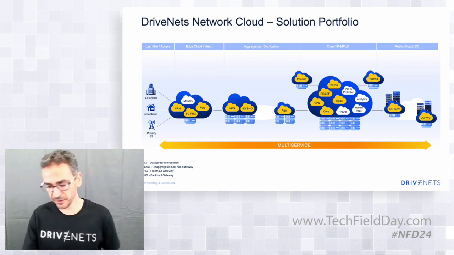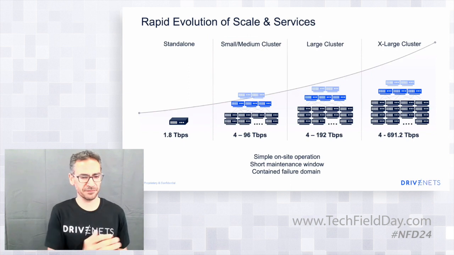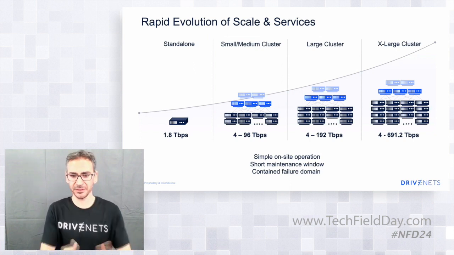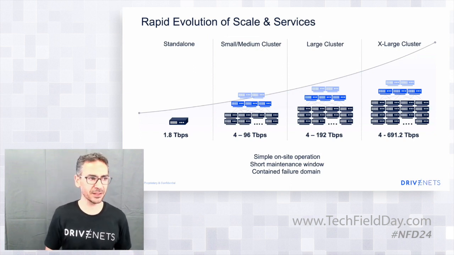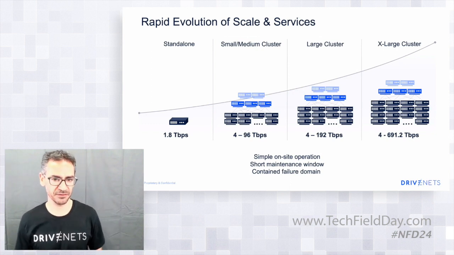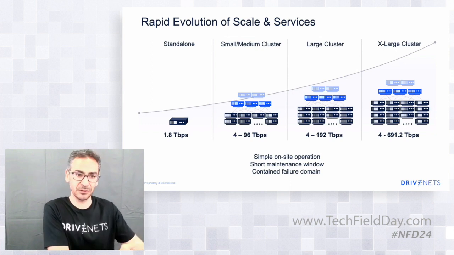So moving further, we are now looking at the different network locations of the cloud as something more reflective of the size. Here you can see the 1.8 terabit per second box, which is more on the future aspect of things, but it's here in terms of a potential standalone machine.